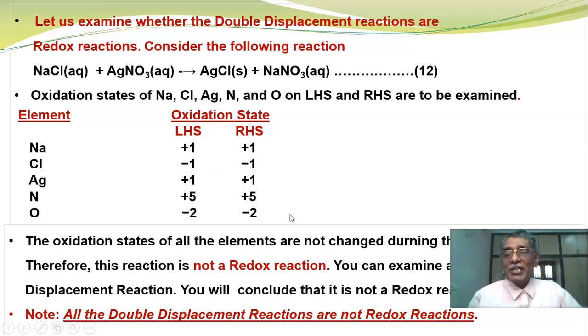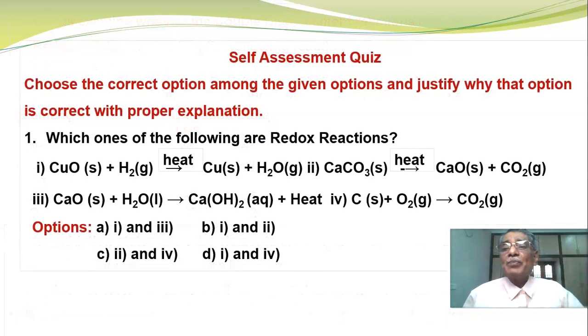There is no change at all. Therefore, this reaction is not a redox reaction. You can examine any double displacement reaction. You will conclude that it is not a redox reaction. Therefore, all the double displacement reactions are not redox reactions.